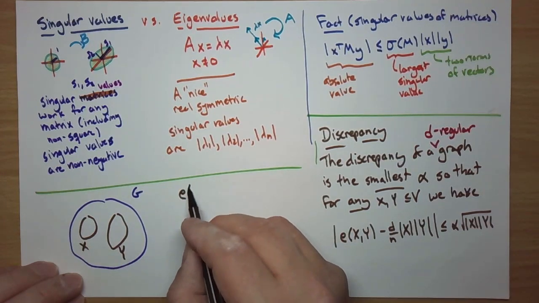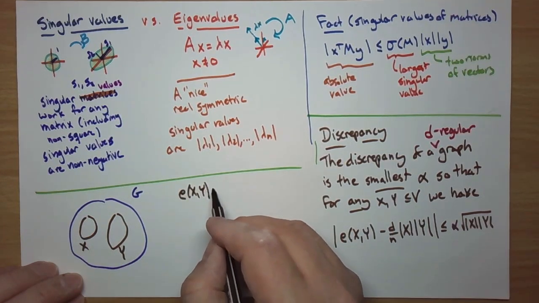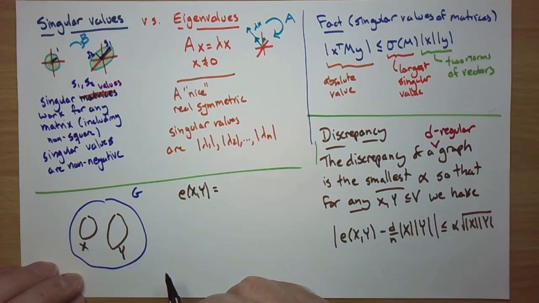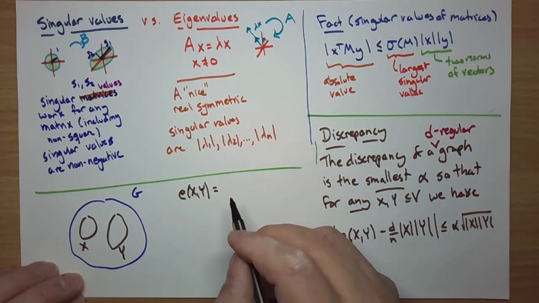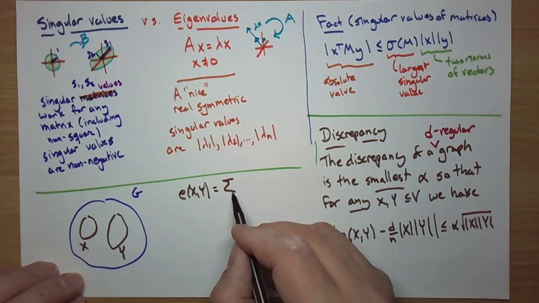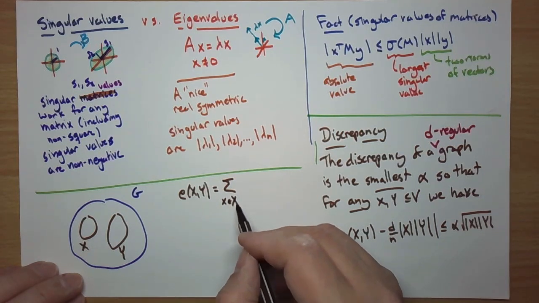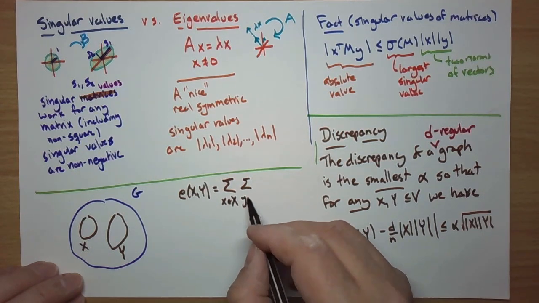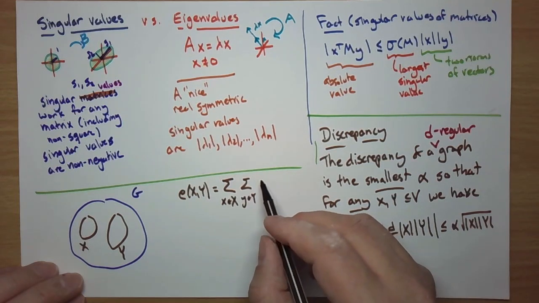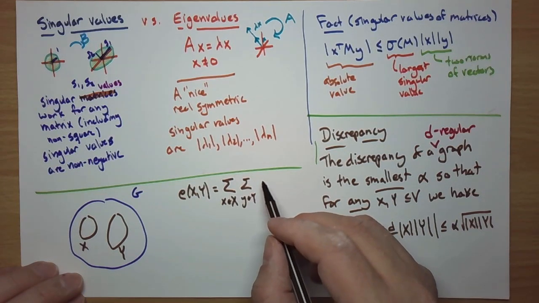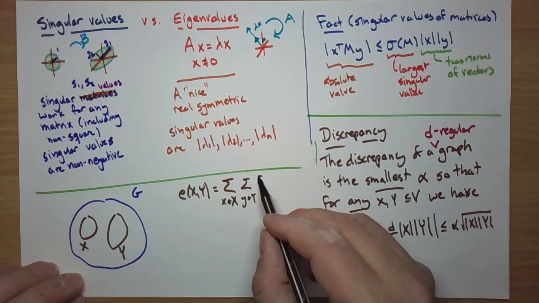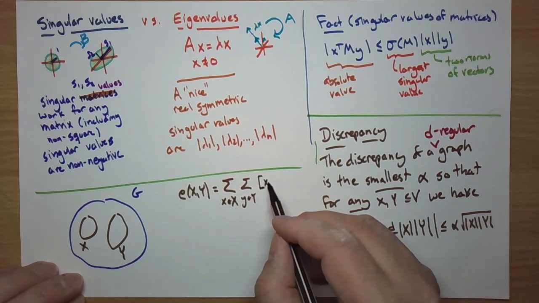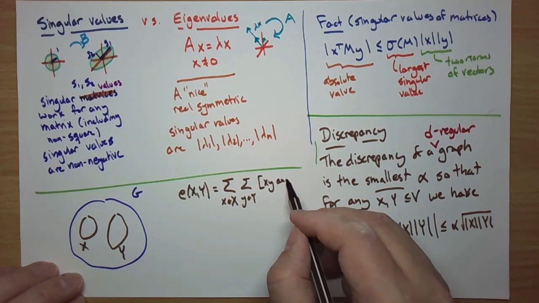So E(X,Y), do you remember what this is? Yeah, so it's the sum over all little x in X, sum over little y in Y, of whether x, y is an edge.